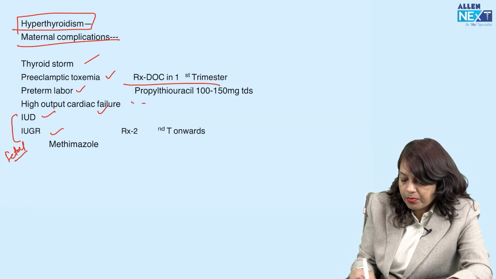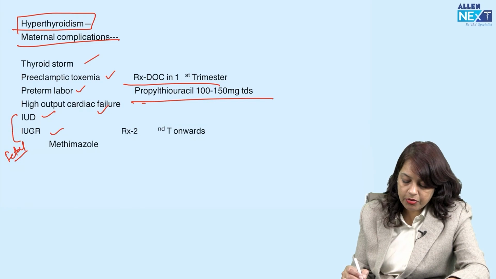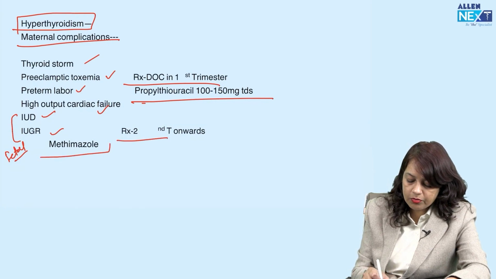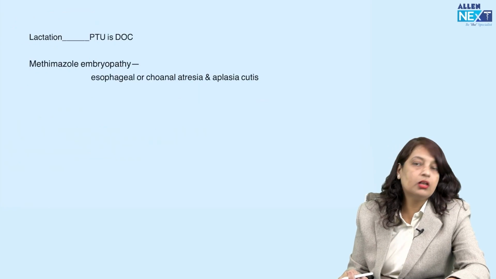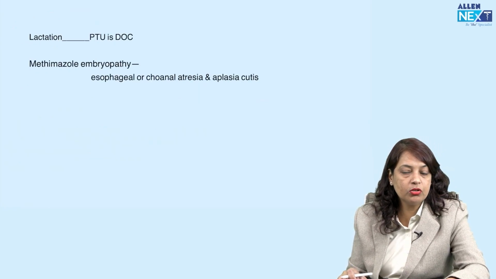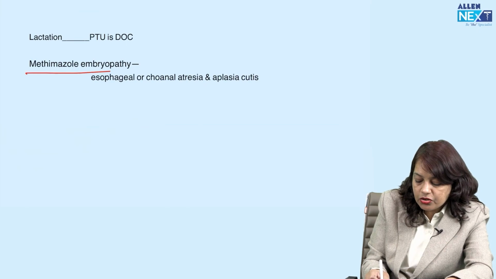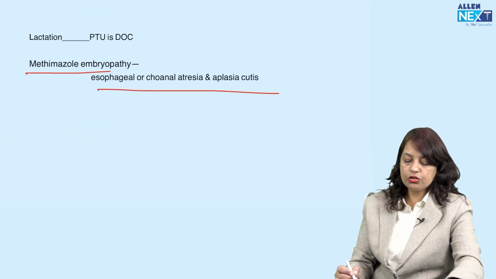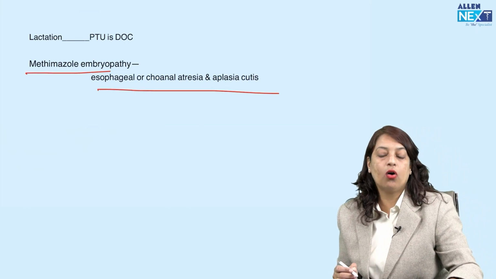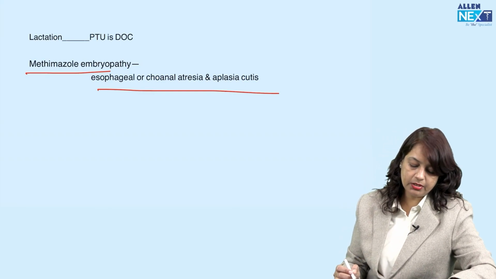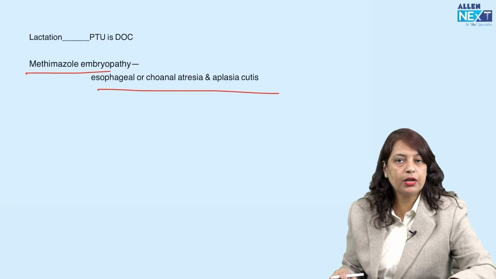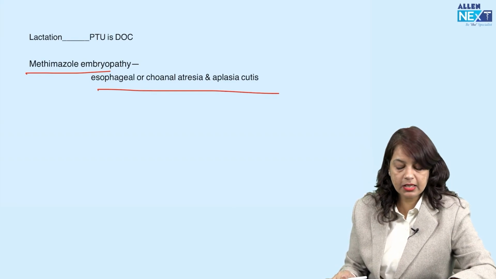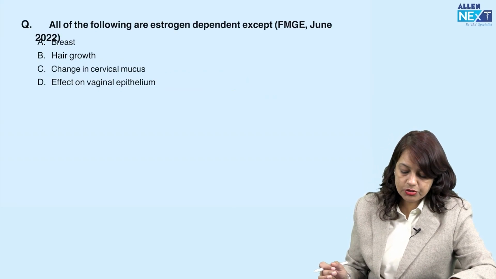So in the first trimester, it is propylthiouracil. Second trimester onwards, it is methimazole or carbimazole. Now, why can't we prefer methimazole in the first trimester? Because it is a teratogenic drug and it can lead to esophageal or choanal atresia or aplasia cutis. Okay, even in the lactation phase, you can give propylthiouracil. It is safe. Now, next question.